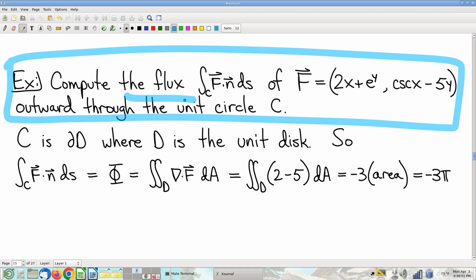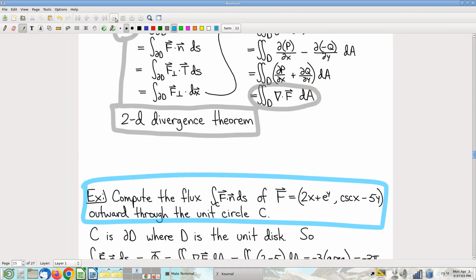So here we're computing the flux outward through the unit circle, and we've got a vector field given. And how are we going to do this? Well, again, this integral here that we've been asked to compute is something we don't really have any tools for particularly. And the whole trick of what we did in the above theorem is to rewrite it in terms of something else, right? And so we're going to do the same thing here.